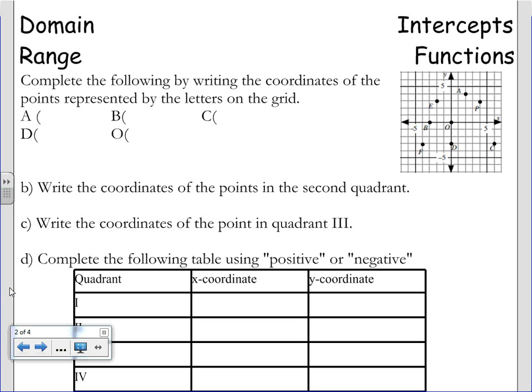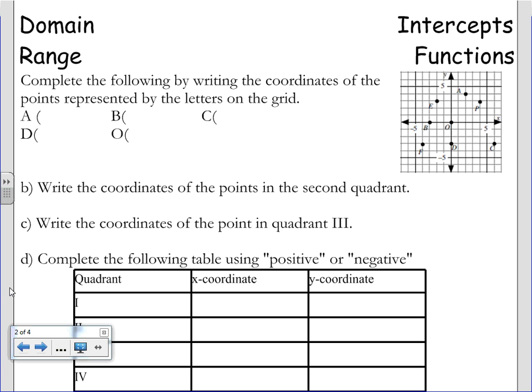What it wants you to do is find all the points, A, B, C, D, and O, and label the coordinates for those points. When you label coordinates, you go alphabetical order: the X coordinate first, and then the Y coordinate second.